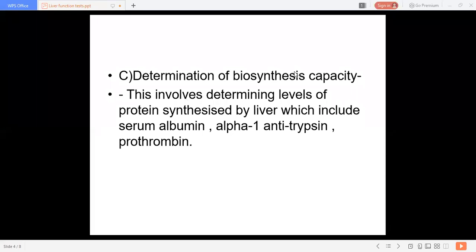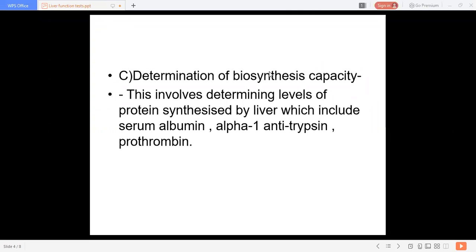This involves determining the levels of proteins synthesized by the liver, which include serum albumin, alpha-1 antitrypsin, and prothrombin. So this test evaluates protein synthesis. Okay, biosynthesis capacity, that is how much protein gets synthesized by the liver.